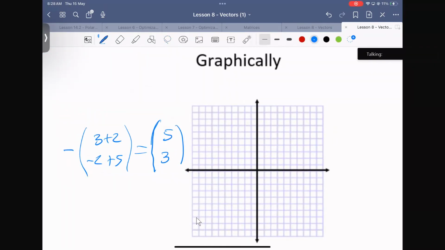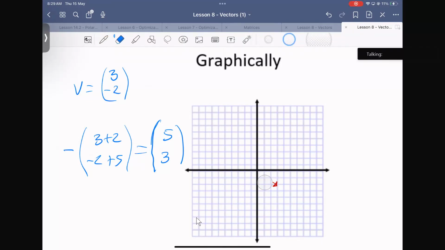So our first vector is 3, minus 2. This is our vector v. We can place this anywhere we want. I'm going to place it starting at the origin. We go 3, minus 2, and we get this as our vector.